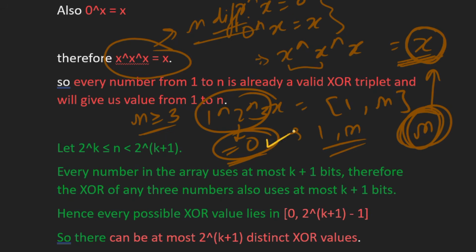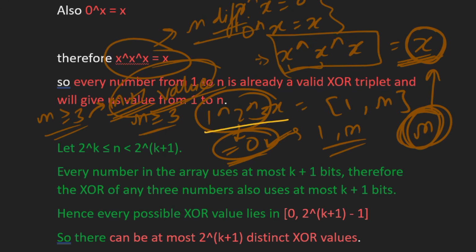Then we get one more value also. So if n is greater than or equal to 3, how many values have we got till now? We have got n plus 1 unique values till now, right? So n different values using this property, and then 0 using 1, 2 and 3, right?